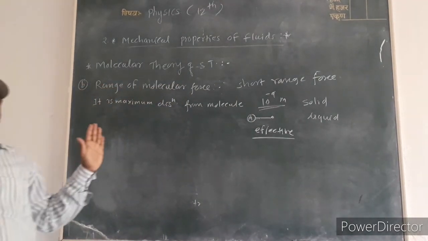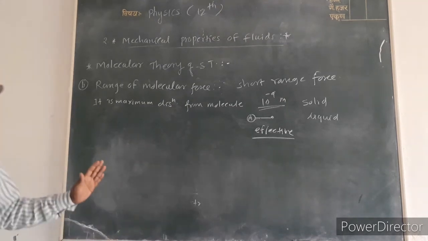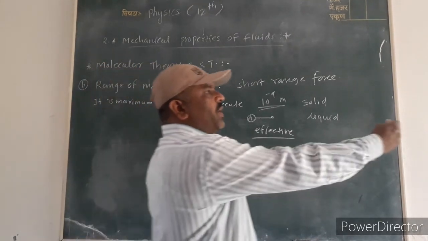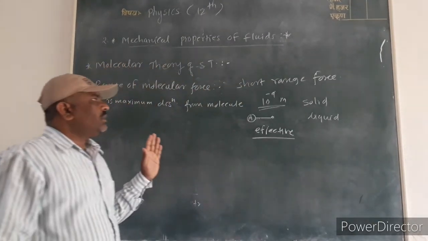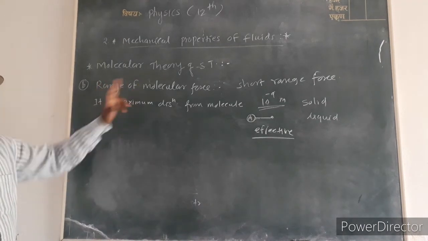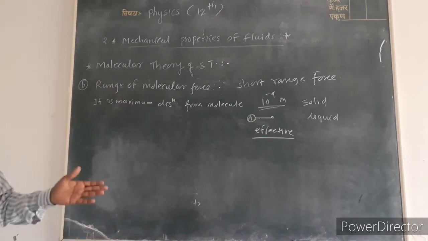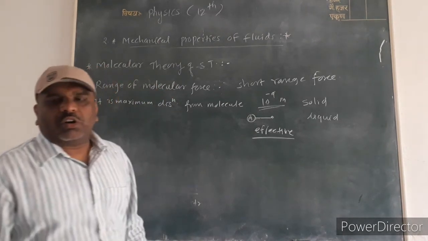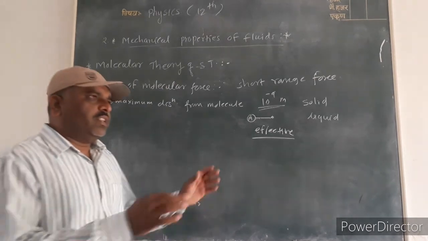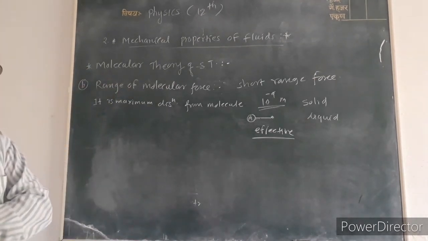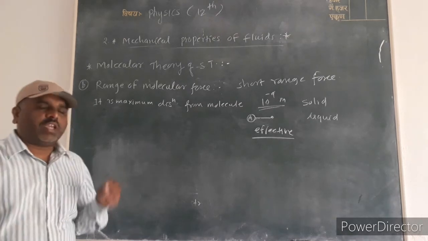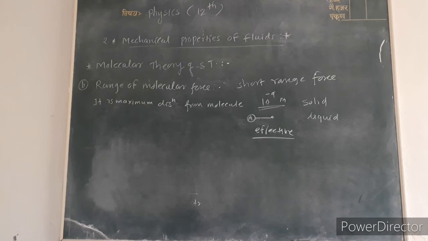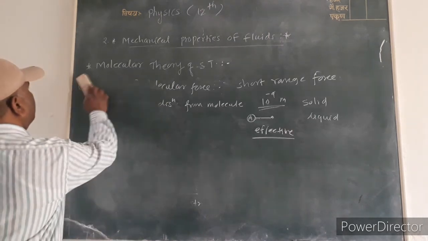The range of molecular force or range of molecular attraction is the maximum distance from a molecule up to which the intermolecular force is effective, and that distance is 10⁻⁹ meter in case of solid and liquid. This is the definition of range of molecular force.